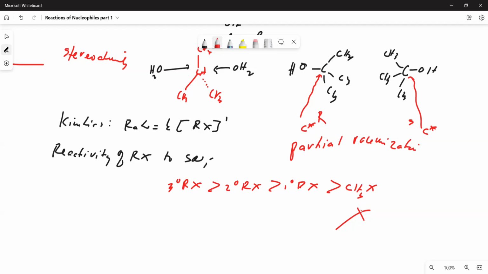In fact, methyl and primary alkyl halide usually undergo SN2 because they are less crowded, less steric effect, and that is very good for SN2, no? But not very good for SN1 because their carbonium are very unstable, right? Primary and methyl usually undergo SN2 rather than SN1.